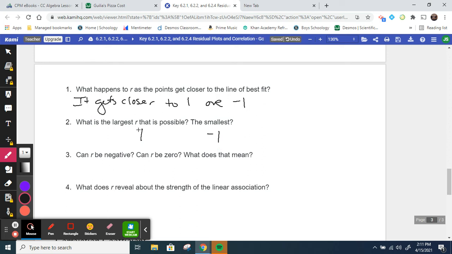Could it be negative? Yes. If it was negative, what did that mean? It meant it was a decreasing line. It had a negative slope. Could it be 0? Yes, it could be 0. And what did that mean? The data isn't close to a line at all. So the data is random, not close to being linear.